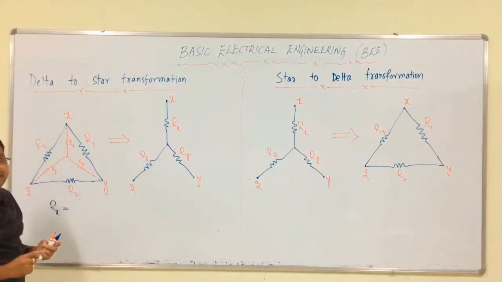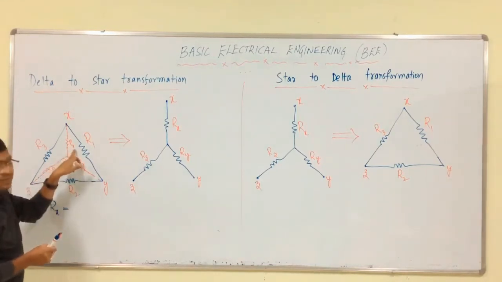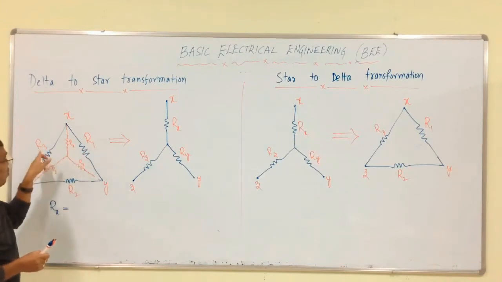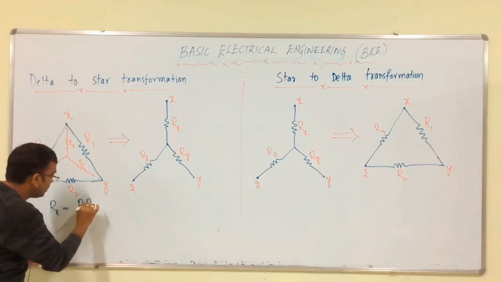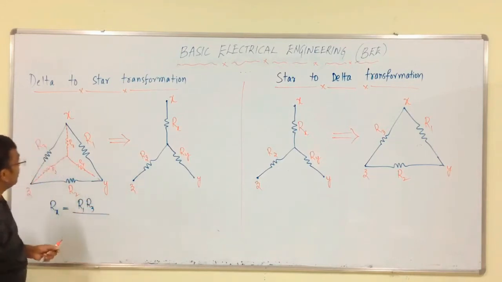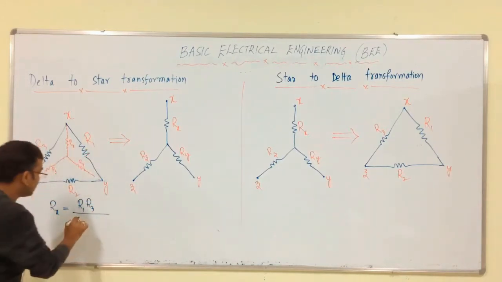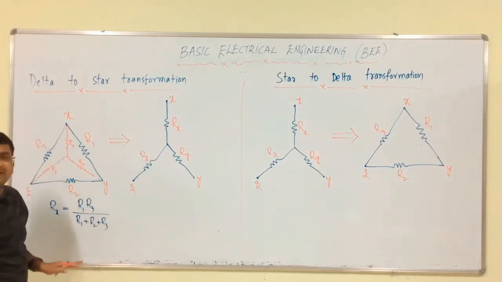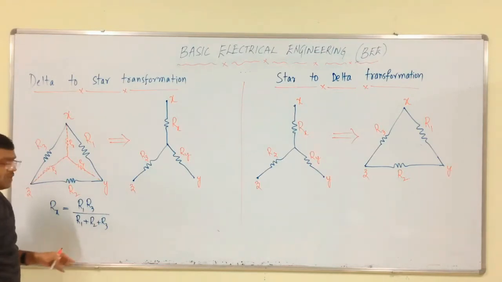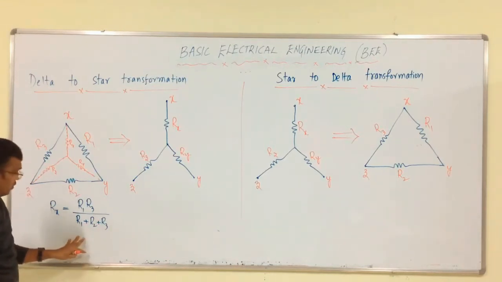Rx is present between R1 and R3, so Rx is the multiplication of R1 and R3 divided by the total resistance R1 plus R2 plus R3. That is it, a simple shortcut. There is a big derivation, but you do not need that, you just have to remember this formula.